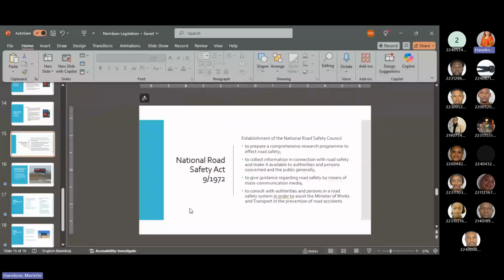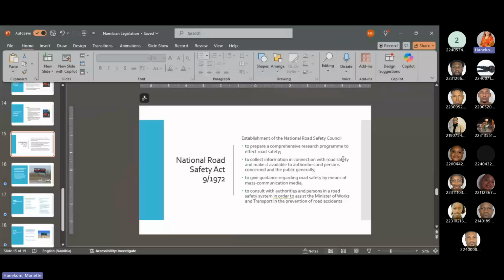The Road Safety Act is related in function to the road safety function of the Motor Vehicle Accident Fund Act. The MVA Fund, the Motor Vehicle Accident Fund, and the Road Safety Council often work together. They have the same aim in mind.